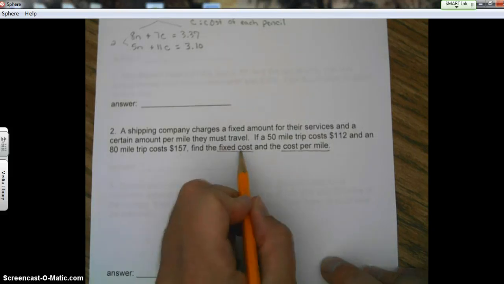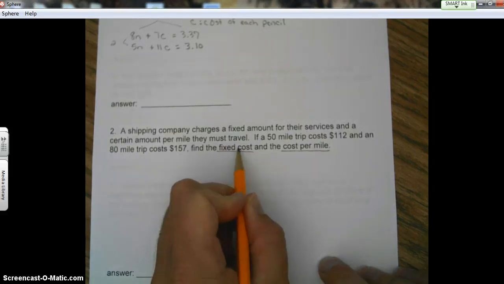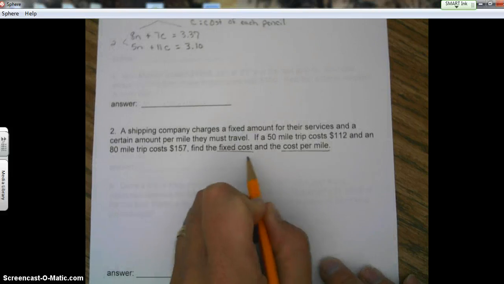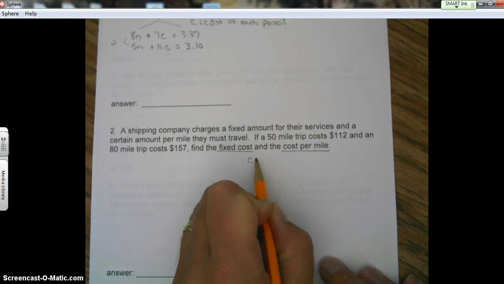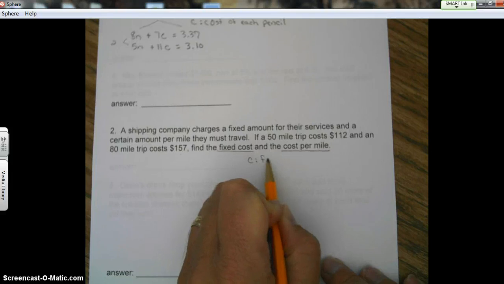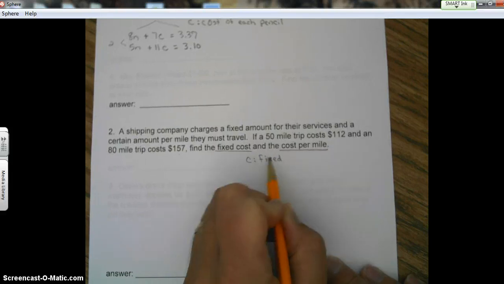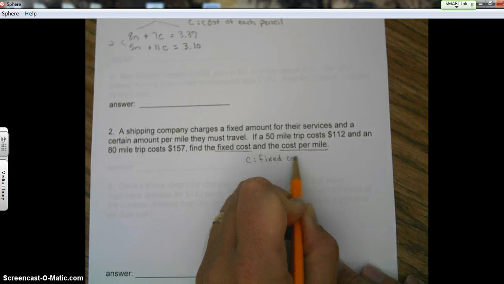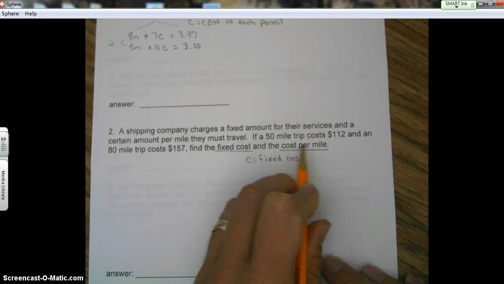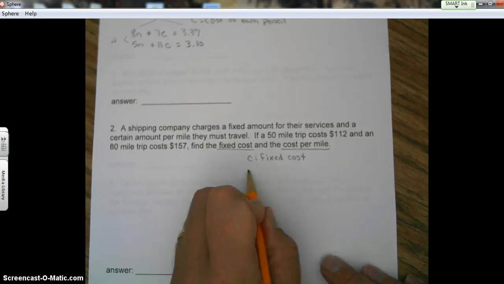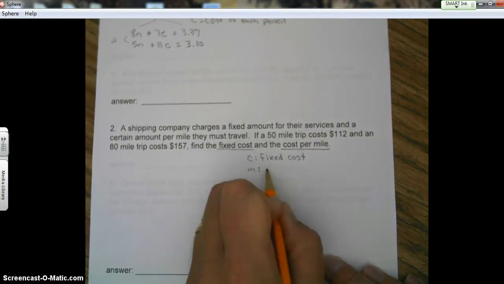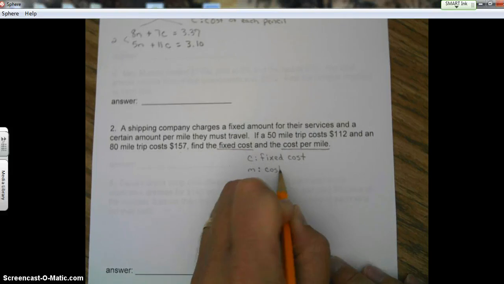I'll use C for fixed cost, you could use F. This is some amount of money. It's fixed, which means it doesn't change. And then I'm going to use M for cost per mile.